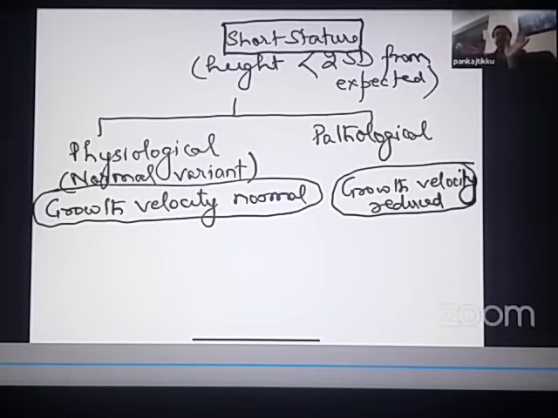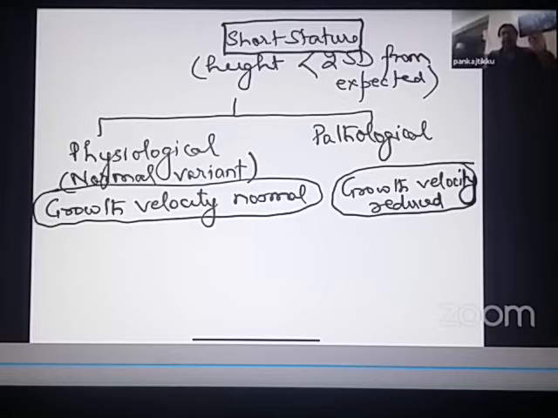So one of the best ways of defining short stature is to see the growth velocity. Now you may ask, so what is growth velocity? Growth velocity simply means how much height a child is increasing every year. For example, if you remember, what was the length at birth? 50 centimeters. Just pay attention to what I am saying.